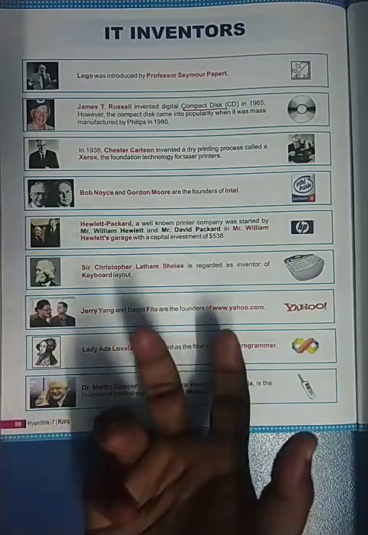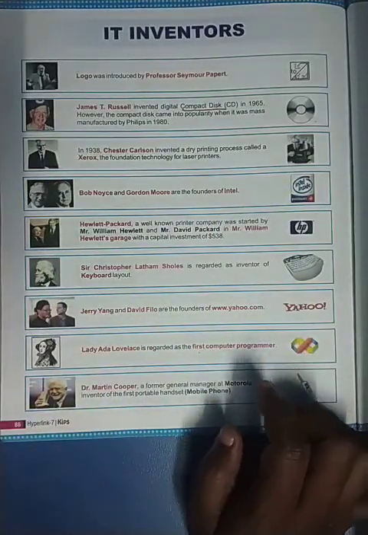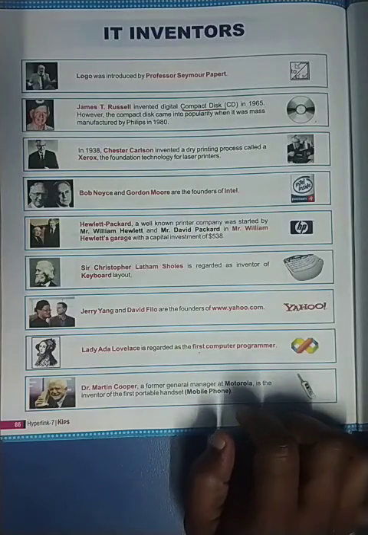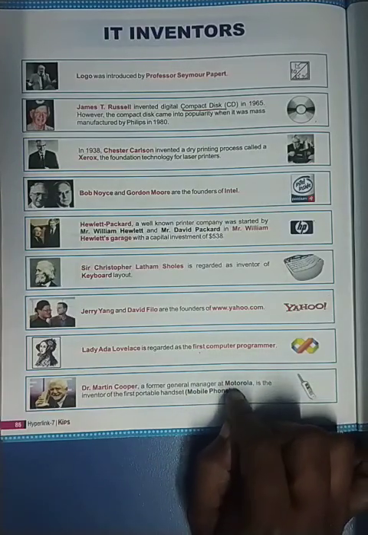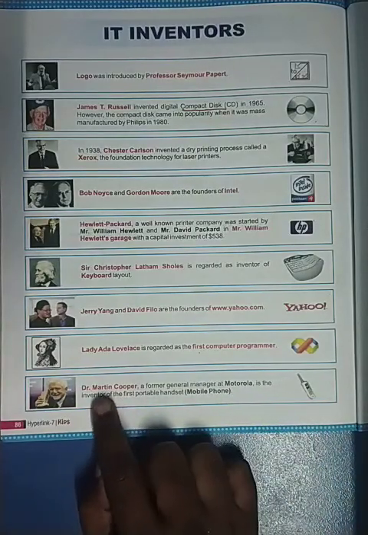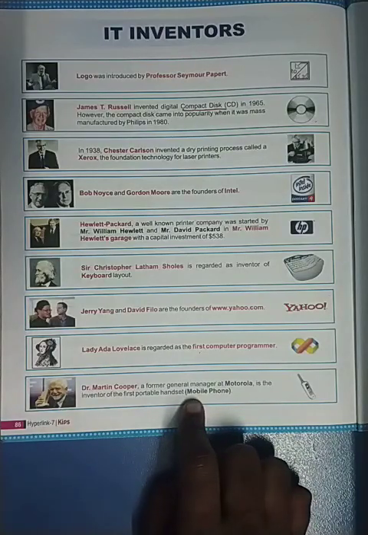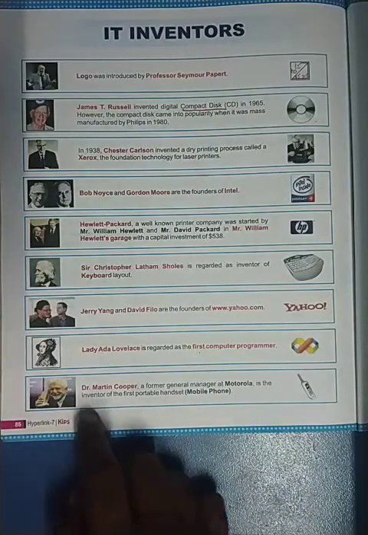Flip phones means the phones which can be opened and closed. So the Moto Razr, Moto Blaze, all that comes from the company Motorola. This Motorola had Dr. Martin Cooper as a general manager. There he found out this portable handset.